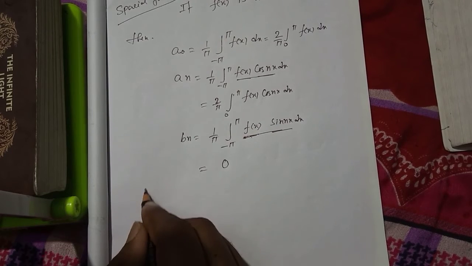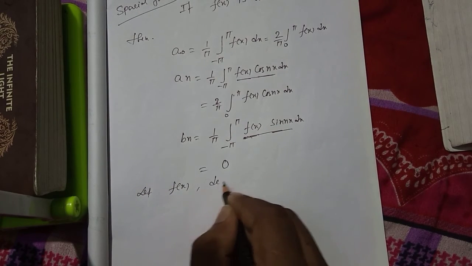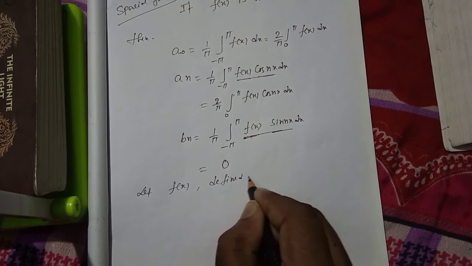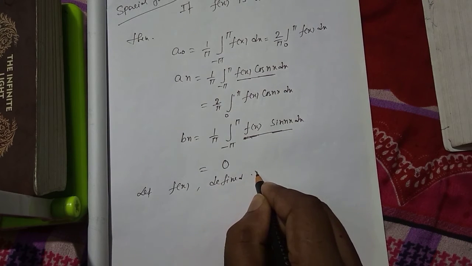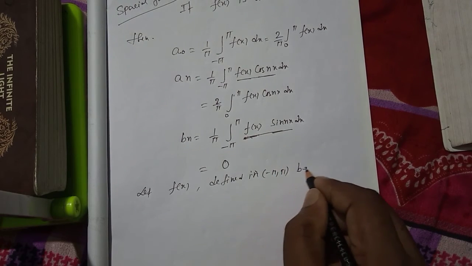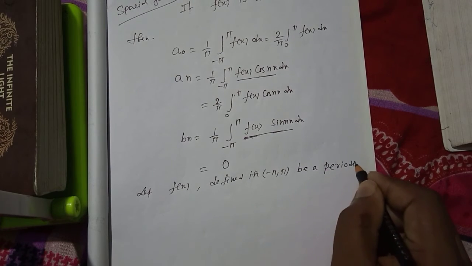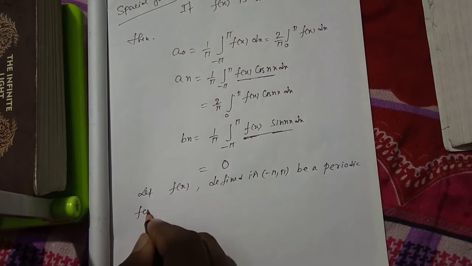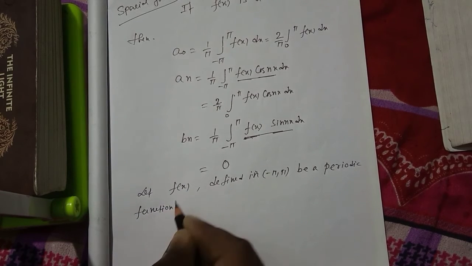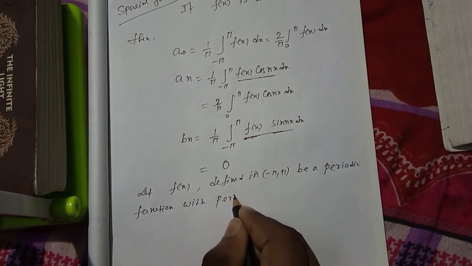Let f of x defined in minus pi, pi be a periodic function with period 2 pi.